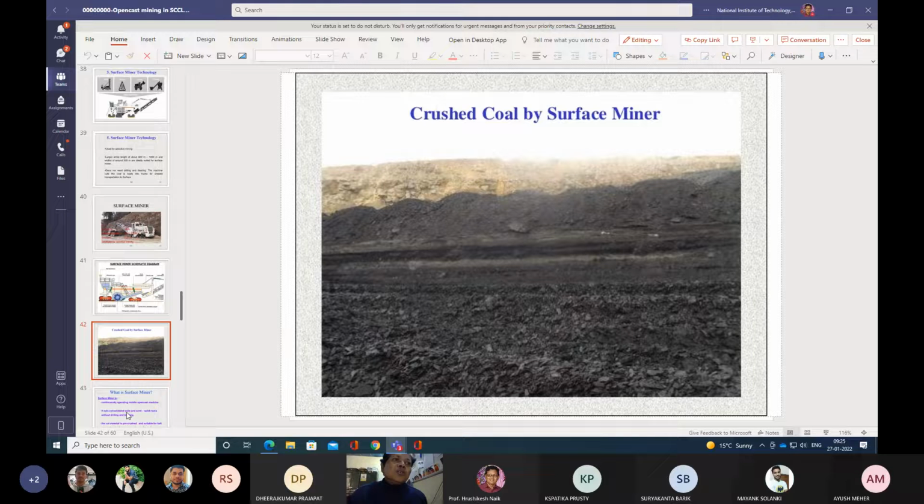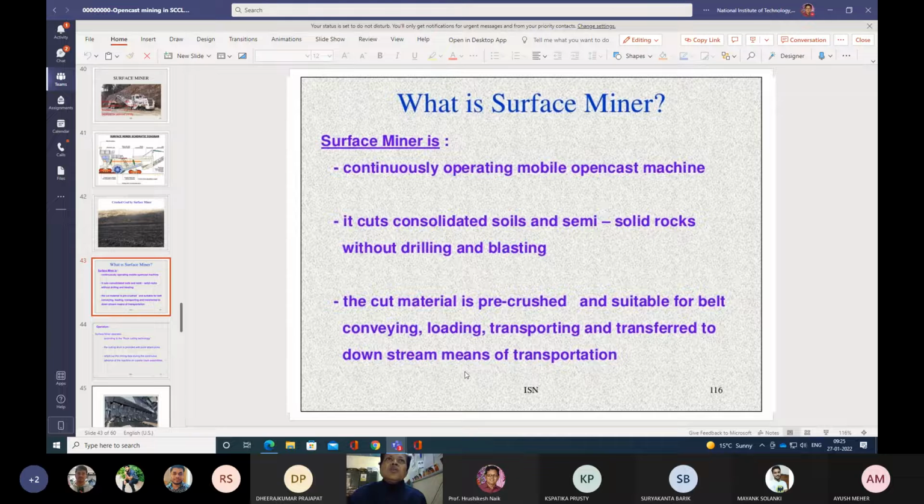Okay, so what is a surface miner? A surface miner is a continuously operating mobile open cast machine. It cuts the consolidated soils and semi-solid rocks without drilling and blasting.